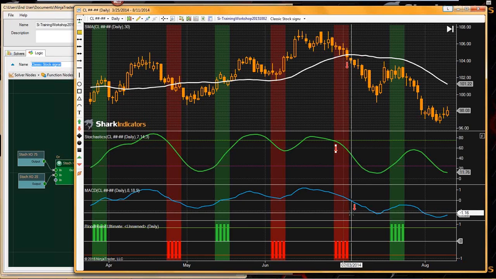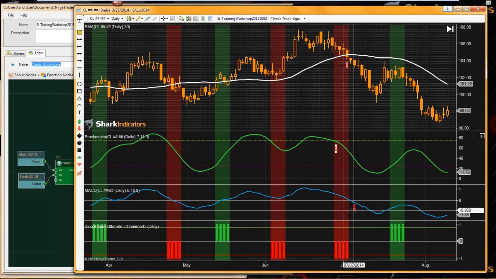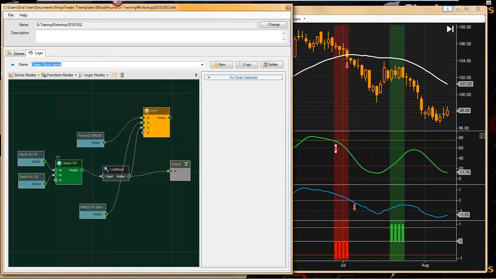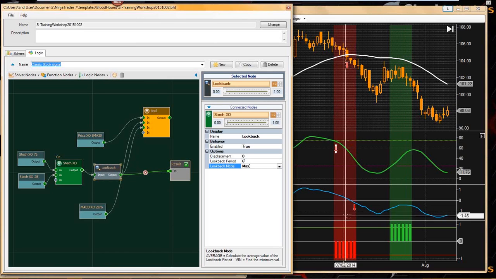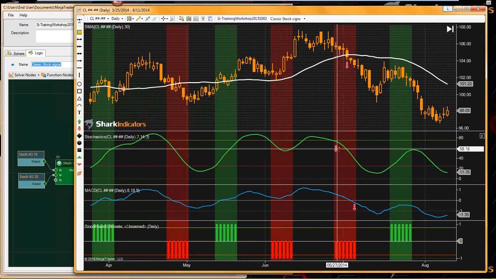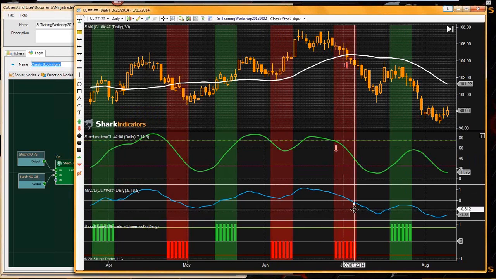It looks like our MACD took 5 bars, no, 6 bars. Yeah, so I'd really have to extend that out to 6 bars. There we go. So you can see, right? The stochastic crossed here, and the MACD crossed way out here.